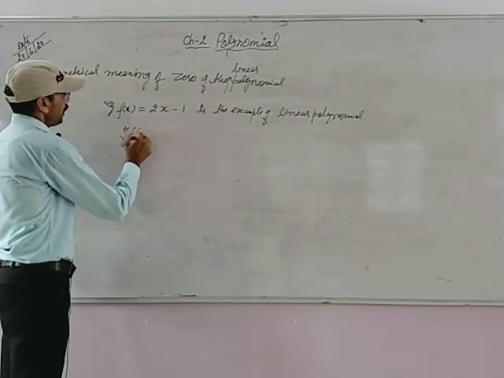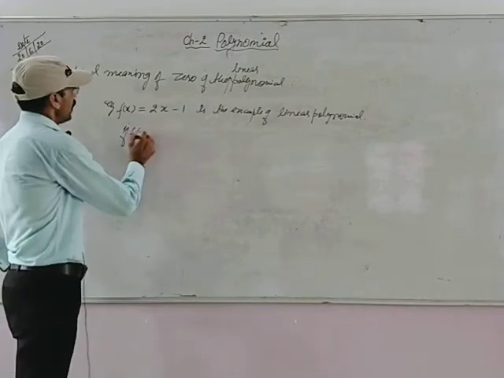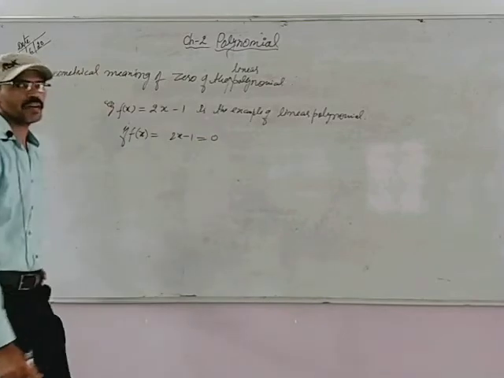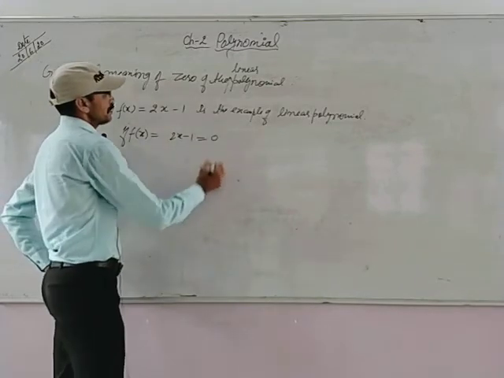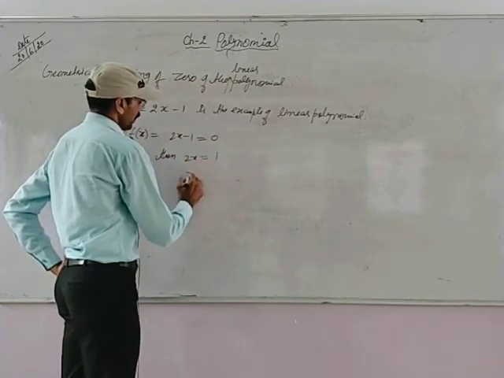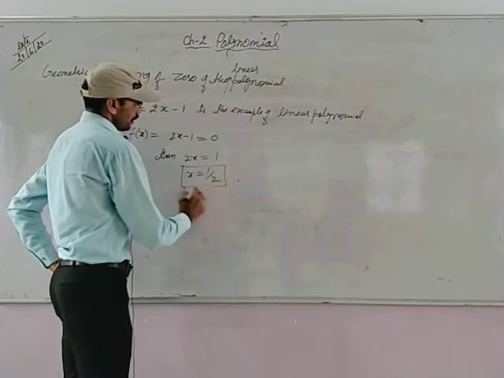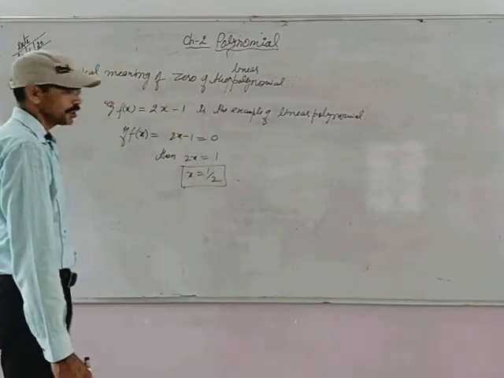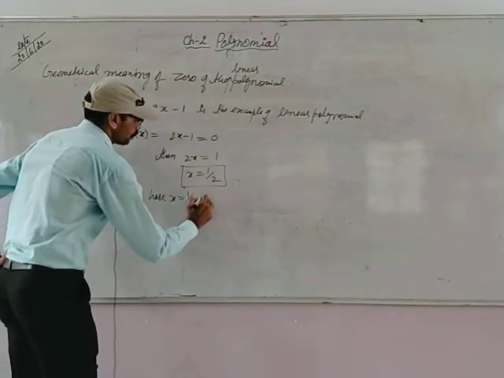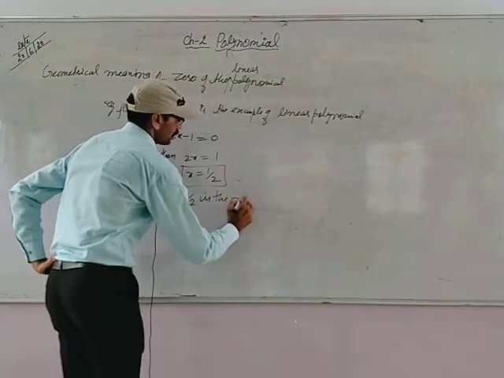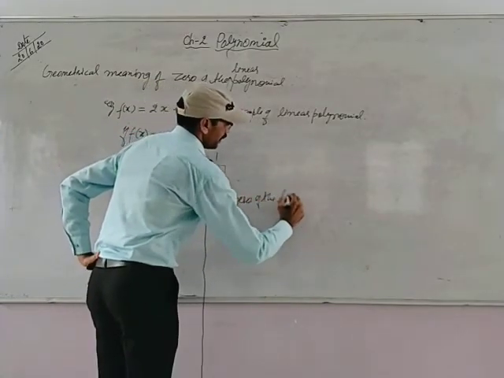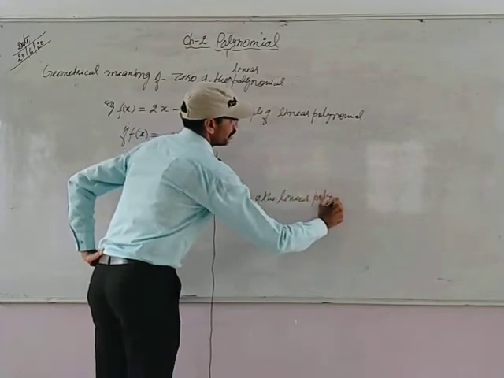If the value of x is put in polynomial f(x) equal to 0, then 2x equals 1, x equals 1 by 2. Here x equals 1 by 2 is the zero of the linear polynomial.